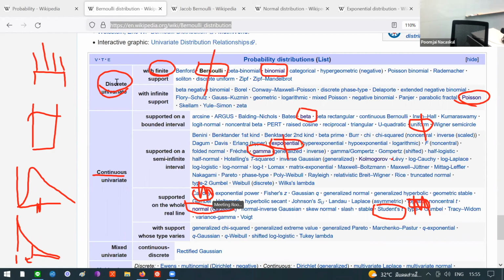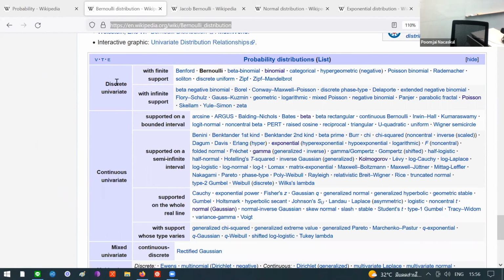So: binomial for finite, Poisson for countably infinite, beta for doubly bounded, gamma for semi-bounded, and normal and student T for unbounded. So basically six. Again, if you're a financial professional, you're expected to know a few more.